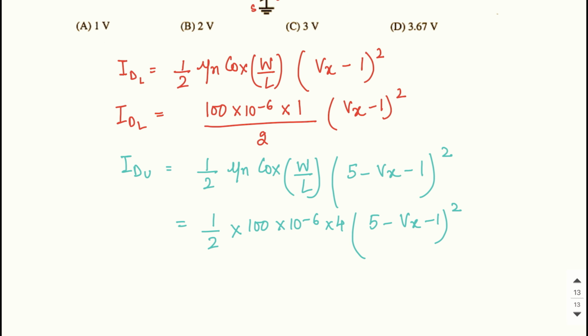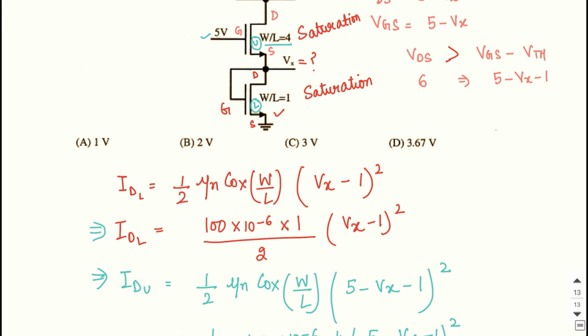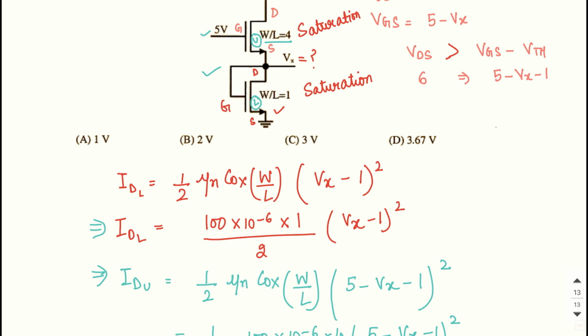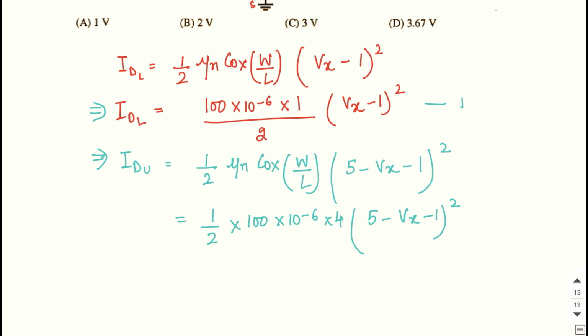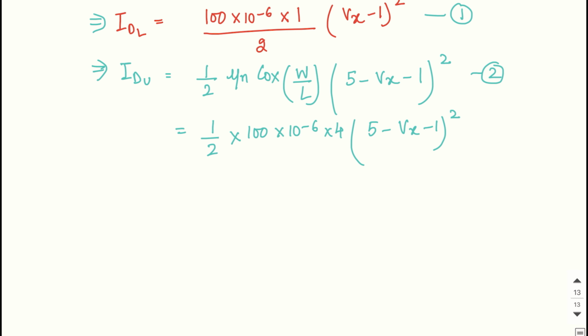Now we can clearly understand that these two currents, IDL and IDU, have to be equal to each other because of the network that is given to us. Hence we will equate the first equation and the second equation. So we are saying that IDL is equal to IDU.